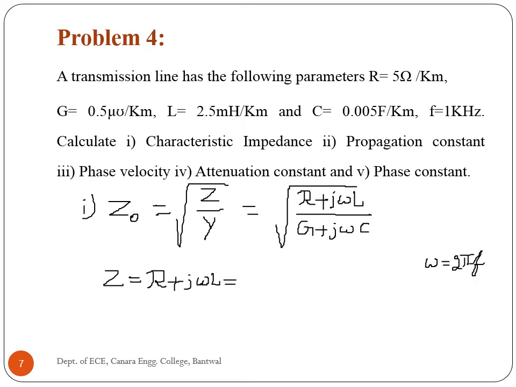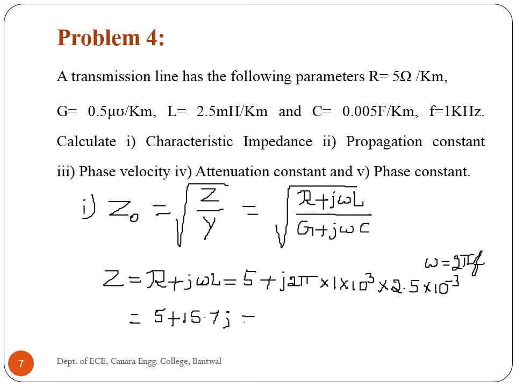It is equal to R, which is 5 ohm per kilometer, plus J 2 pi f. f is 1 kilohertz, 10 to the power 3, multiplied with the L value, that is 2.5 into 10 to the power minus 3, 2.5 millihenry, which is equal to 5 plus 15.7 J. This is in the rectangular form.